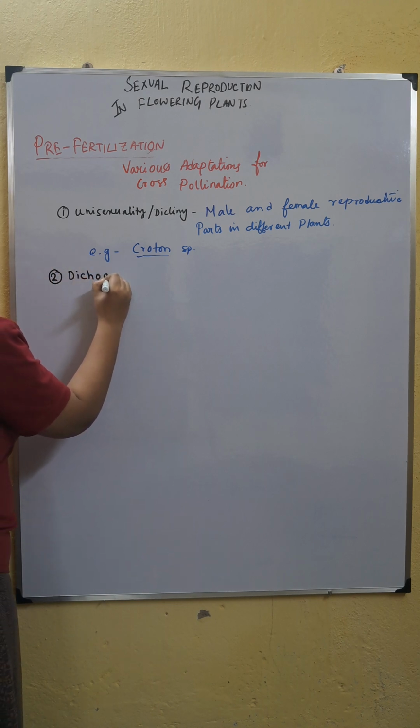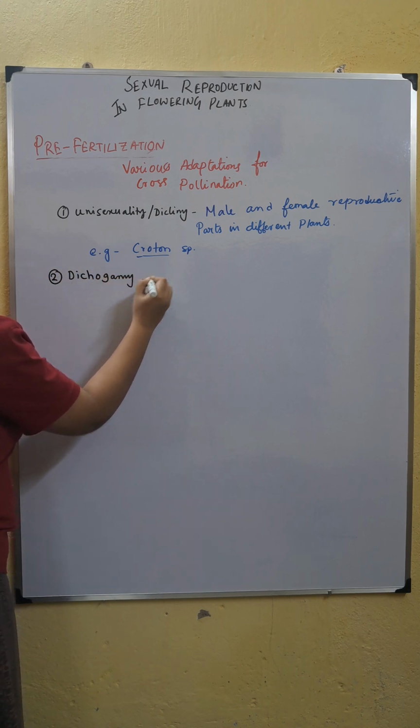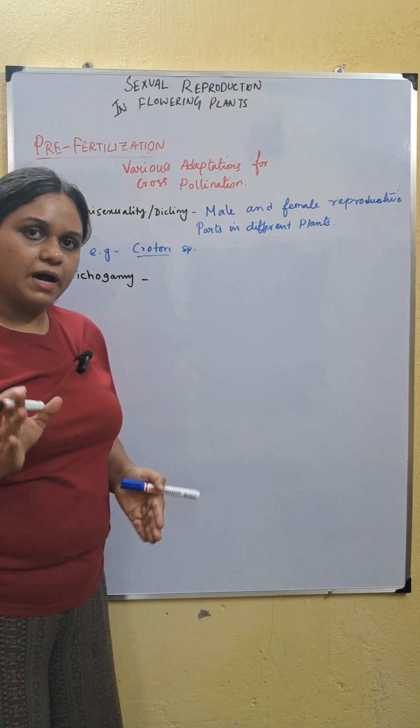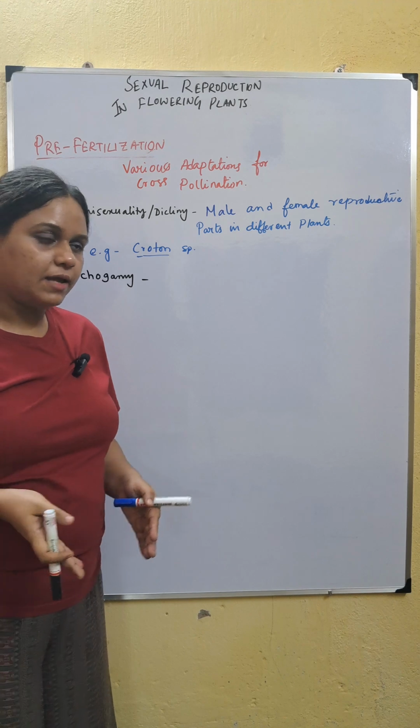Dichogamy. This is the opposite of homogamy. In homogamy, both the parts mature at the same time.